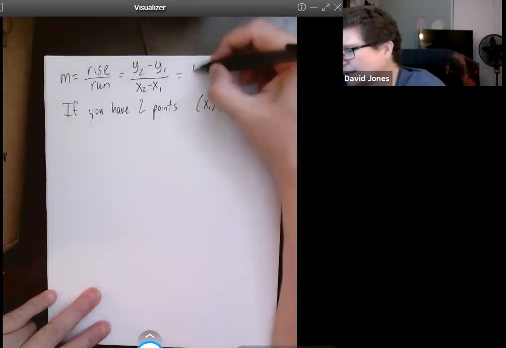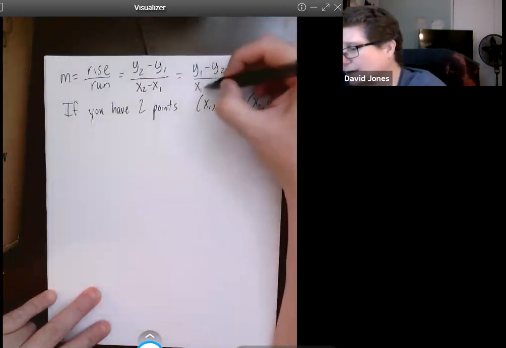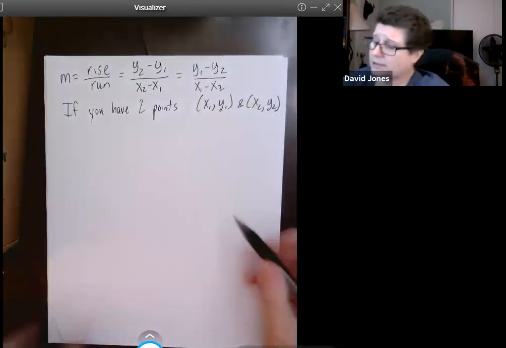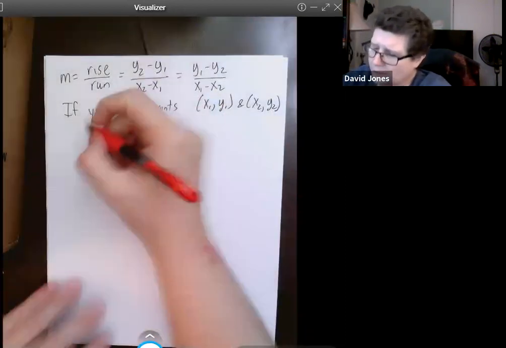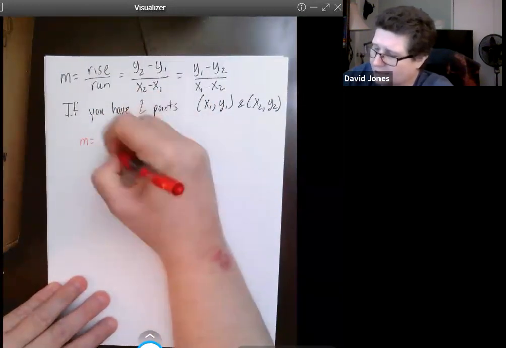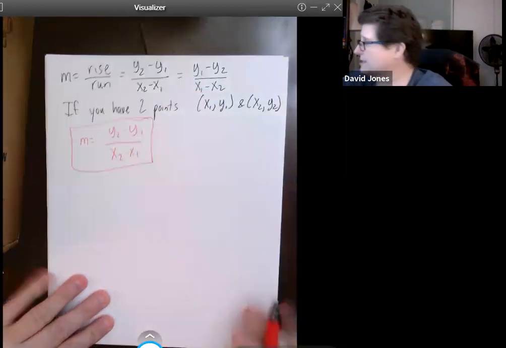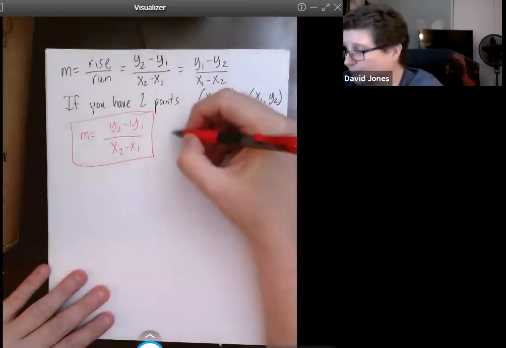This is equivalent. We could subtract them in the opposite order, y1 minus y2 over x1 minus x2. You will see it frequently as y2 minus y1 over x2 minus x1. That's golden stuff right there. This is the slope.